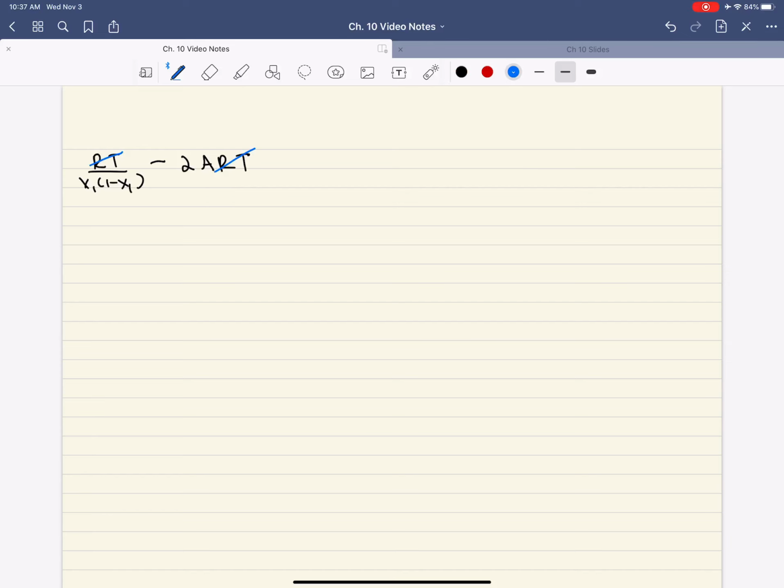The RT's cancel. This is less than 0. And so what we get, if we rearrange this equation, is that when the Margules parameter A for the one parameter Margules equation is greater than 1 over 2x1 (1 minus x1), that's when we have phase separation.